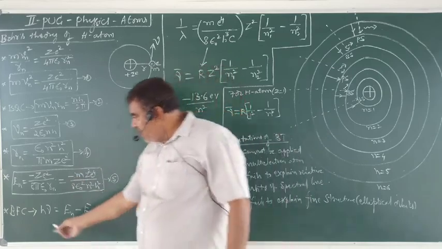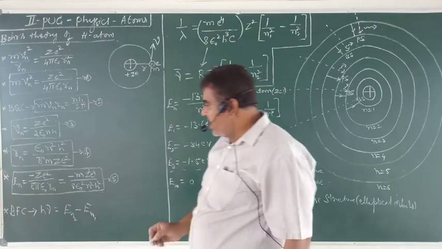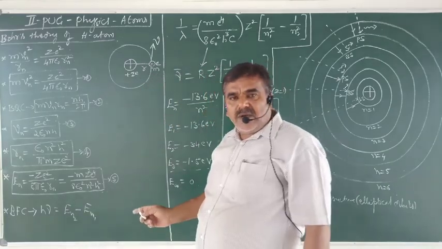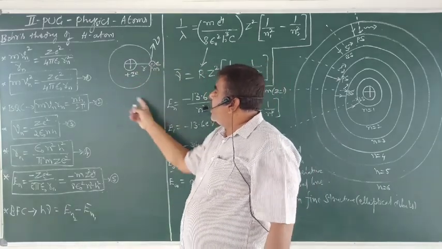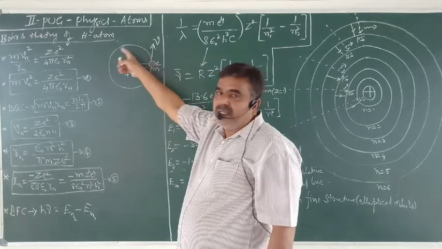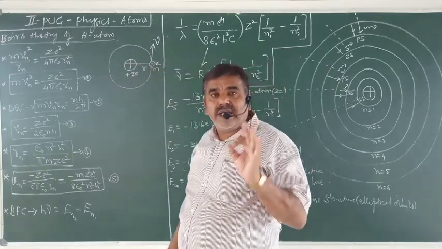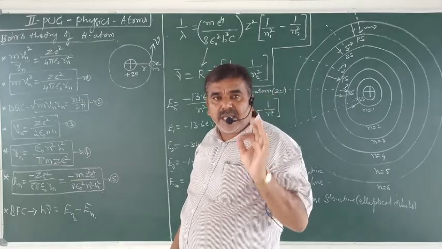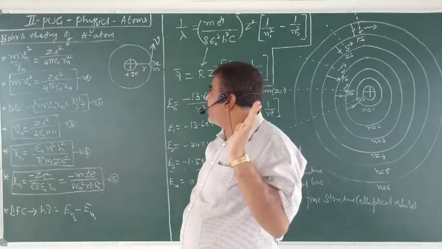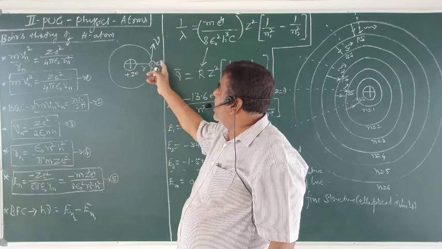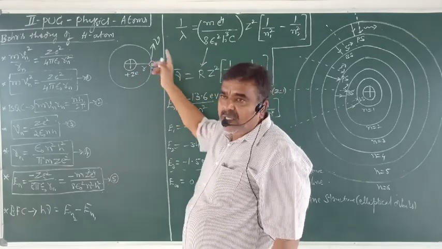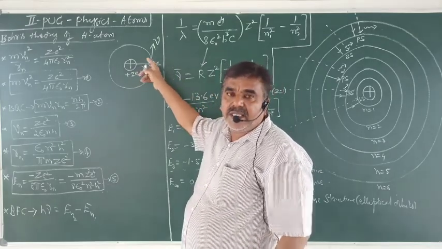Then according to Bohr's frequency condition, the electrons revolving in the same orbit do not absorb or radiate energy. The total energy of the electron remains constant as long as it stays in the same orbit. When it jumps from a high energy orbit to a low energy orbit, energy is emitted.